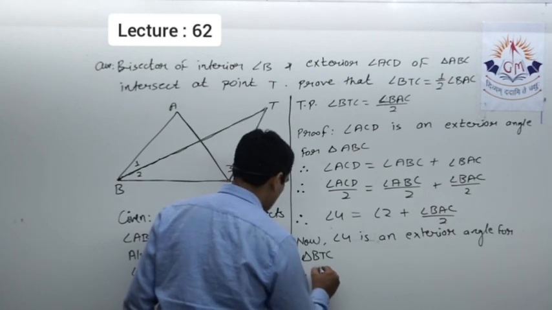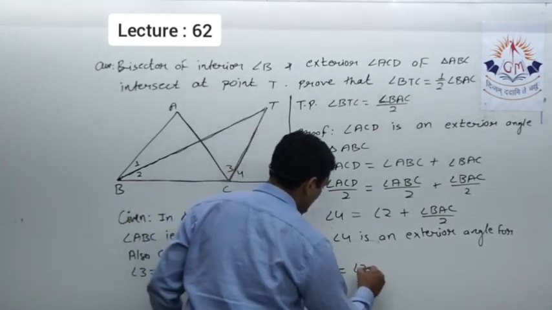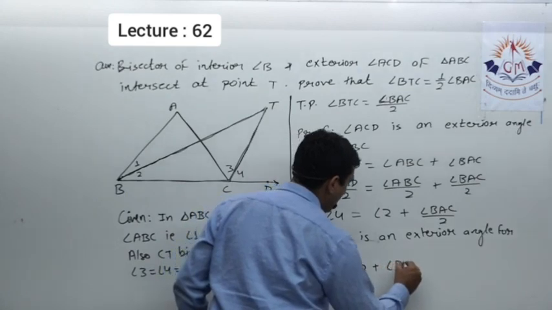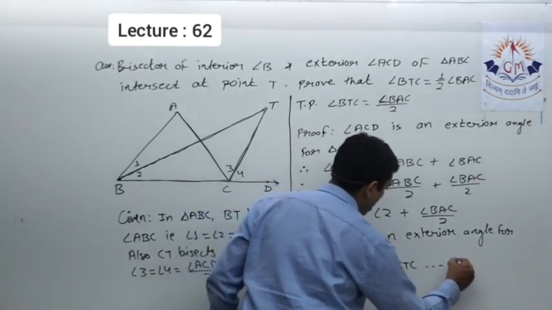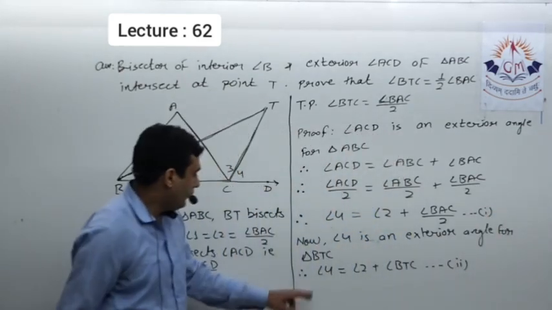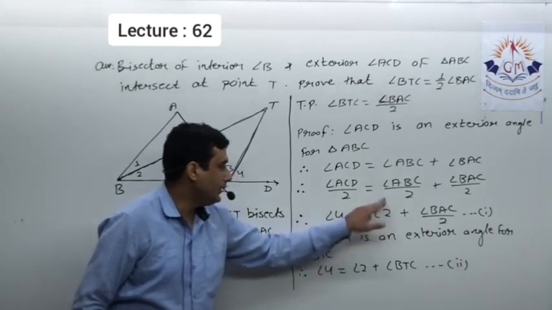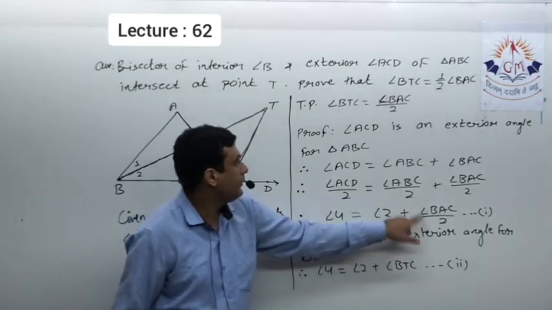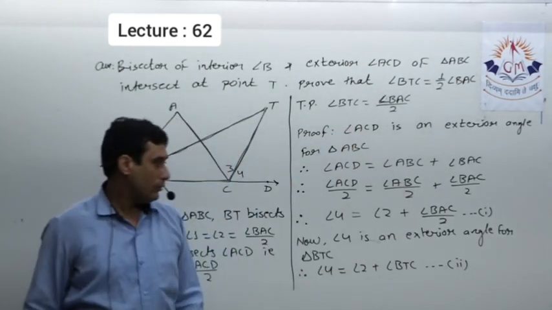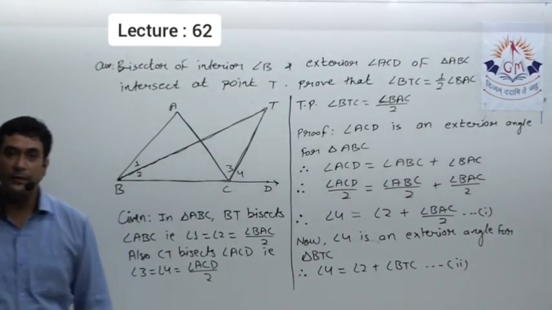Therefore I can write angle 4 is equal to angle 2 plus angle BTC. Let this be equation number 2 and let the earlier one be equation number 1. So from 1 and 2 I can say angle 2 plus BAC by 2 is equal to angle 2 plus BTC. 2 and 2 will cancel out, so BTC is equal to BAC by 2. So note it down. Then one last step is left that I will give you.